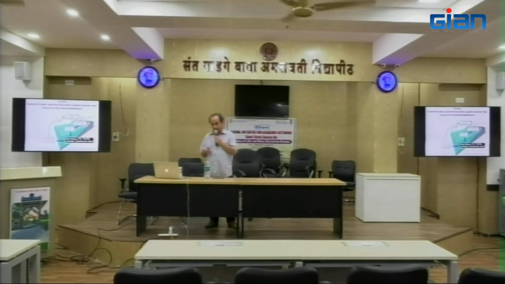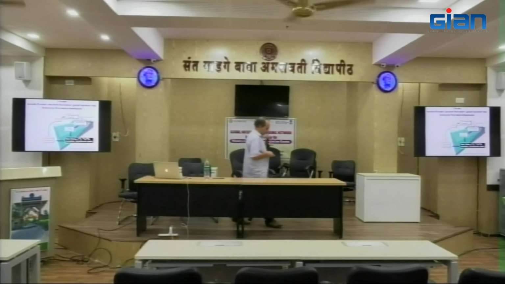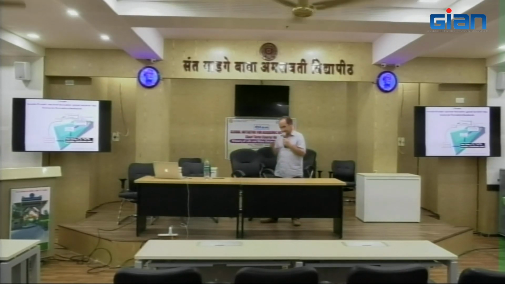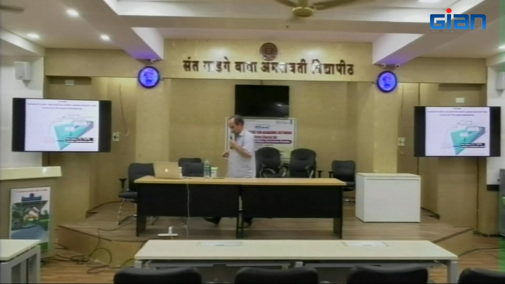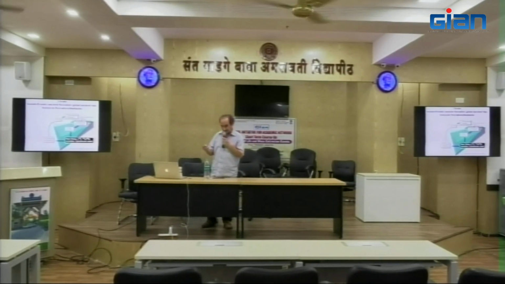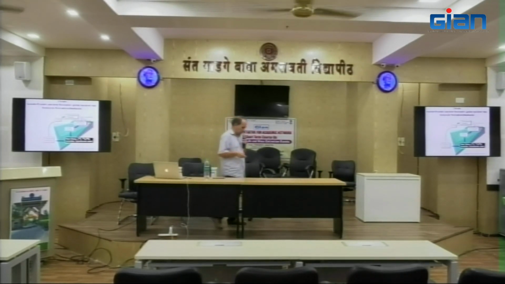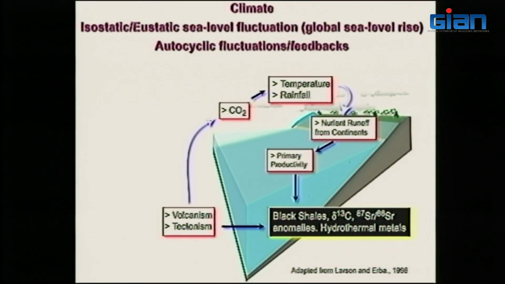A good example: if you have volcanic activity, you create CO2. If you create CO2, you induce a warming, and if you have ice, the ice will melt, so the albedo effect will disappear, and you will accelerate the warming, okay? So this is a negative feedback, meaning that you accelerate the processes.